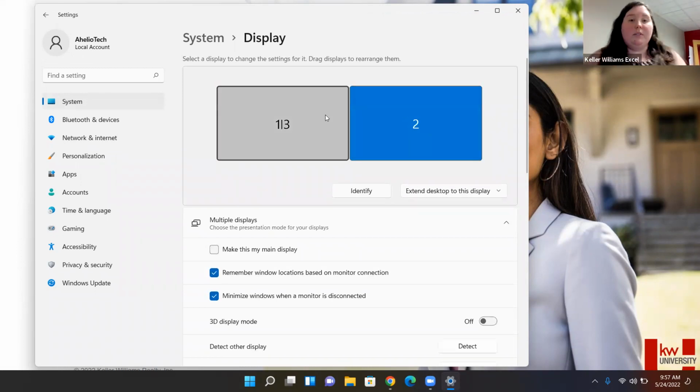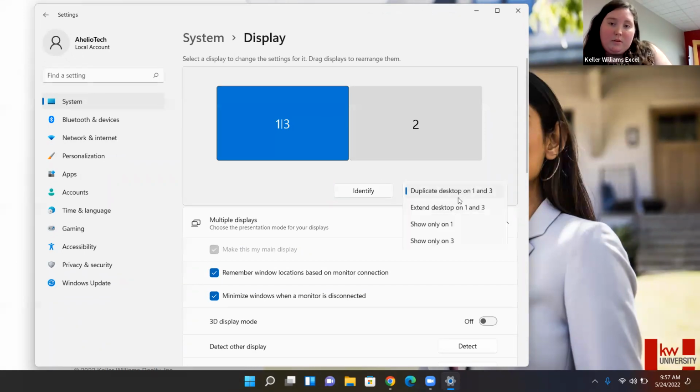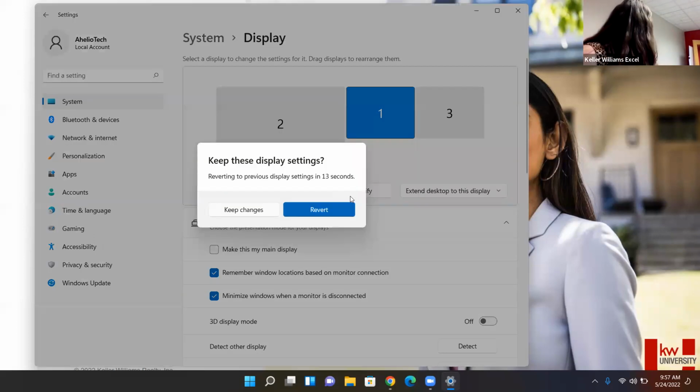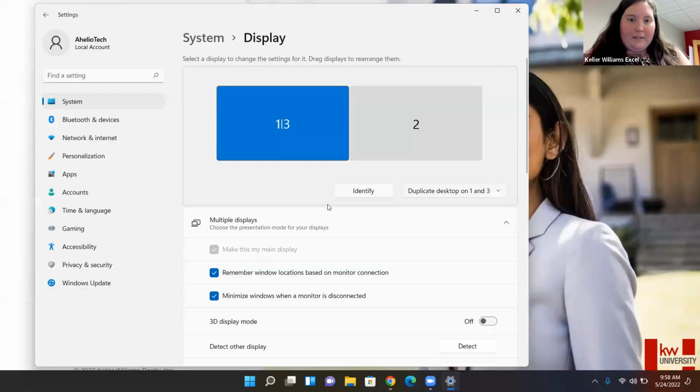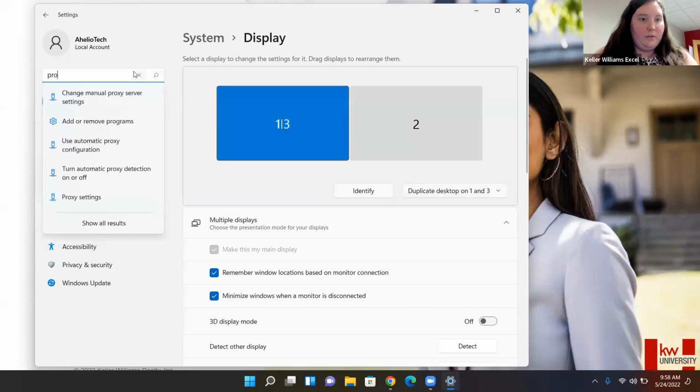Yeah, but it was only showing the desktop. Show only on one, extend one on three. Dang it. Okay, now I see something. It's still saying that there is an extra display that it's detecting, and that's why I'm confused, because there's no other display that's being detected. Or there's no other display to detect.